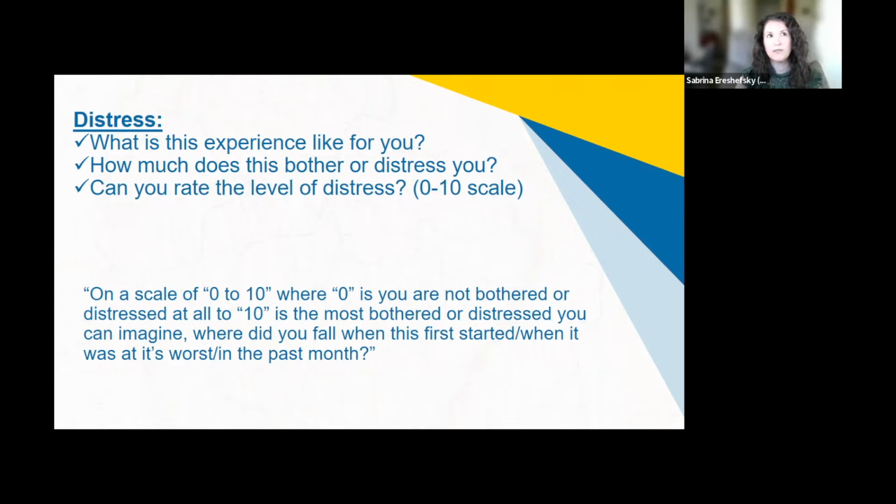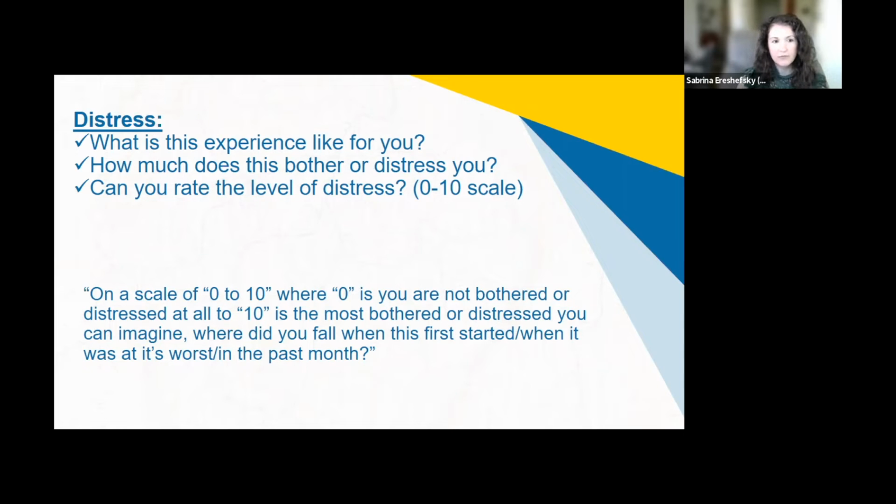But when someone is having an experience that is very distressing, is changing their behaviors, impacting their functioning, then this is when we're starting to perk our ears a little bit more, trying to better understand how this is impacting them.